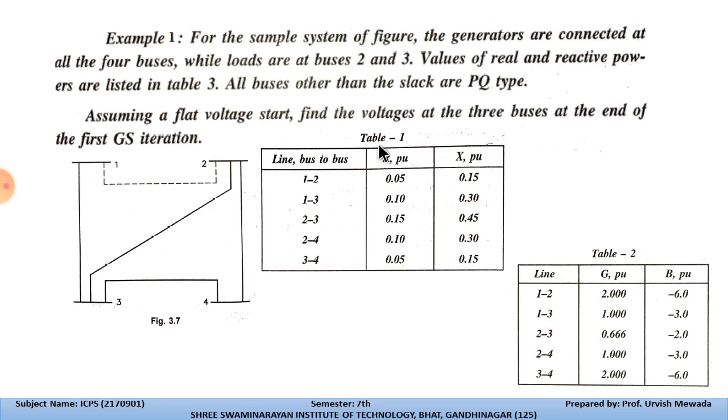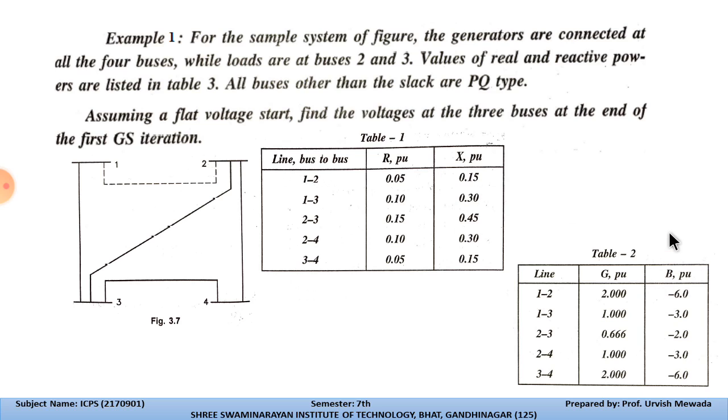This is the data which is given, and these are the resistances and reactances from bus to bus. For 1 to 2, R is 0.05 and X is 0.15. Similarly, between each line and bus, the reactances and resistances are given.